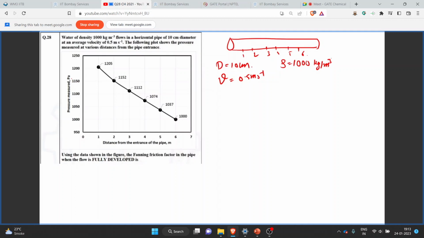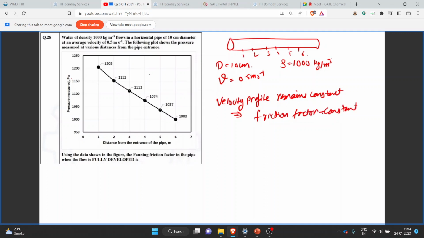So when we say fully developed flow, that means the velocity profile throughout the pipe will remain constant. The velocity profile remains constant, and that implies the friction factor will also become constant.